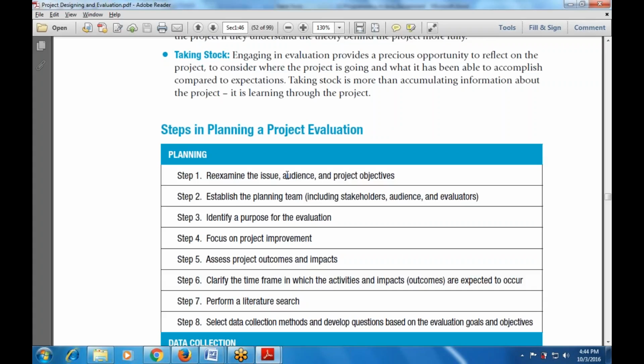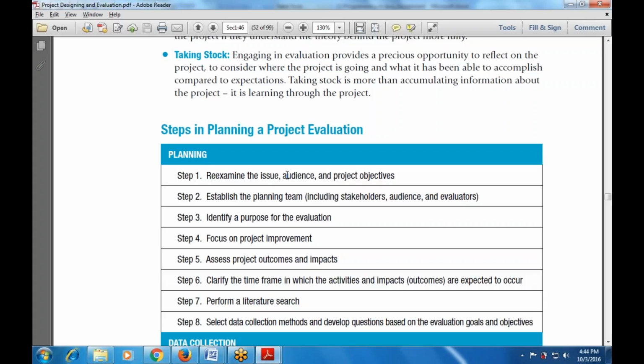Then perform a literature search, that is, searching out the various benefits used in planning a project evaluation. The next step is step number eight: select the data collection methods and develop the questions based on the evaluation goals and objectives.